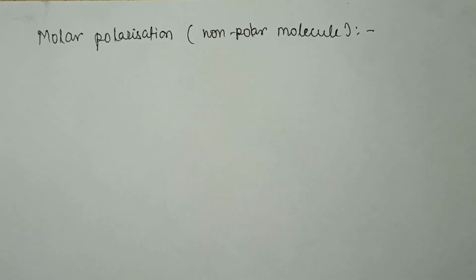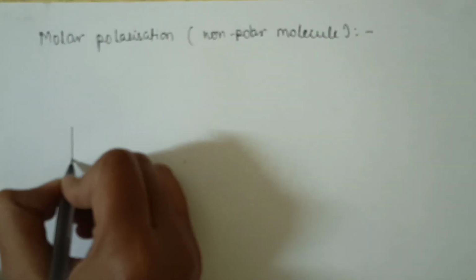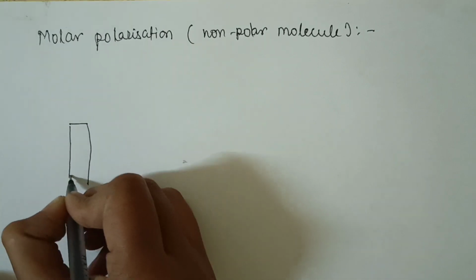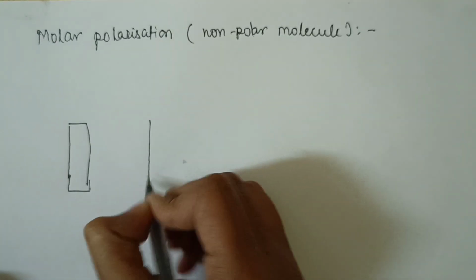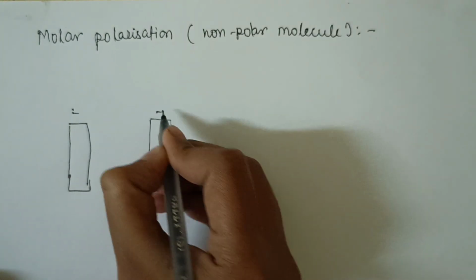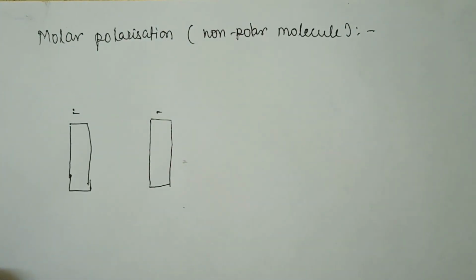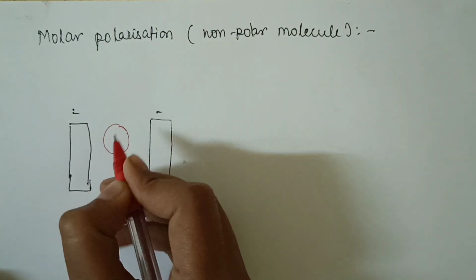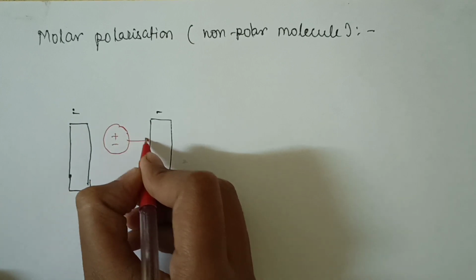That is, for a non-polar molecule like H2 placed in an electrical field between two charged plates, we'll see the diagram. If these two are plates, one negative and one positive, and this is the molecule.